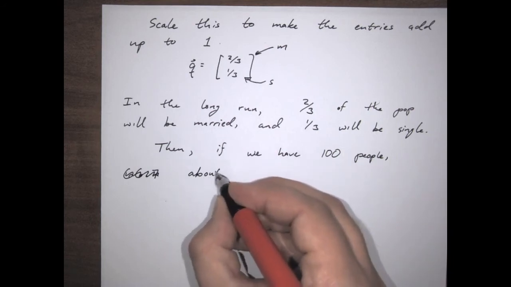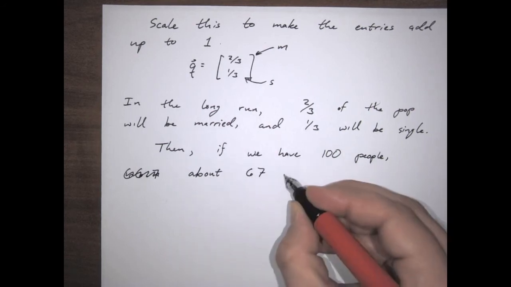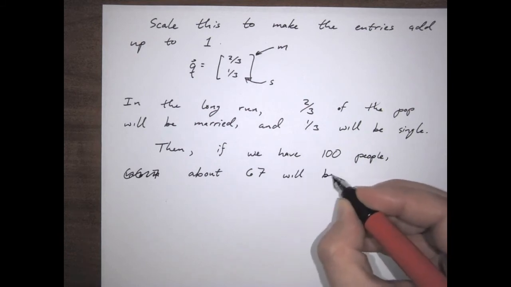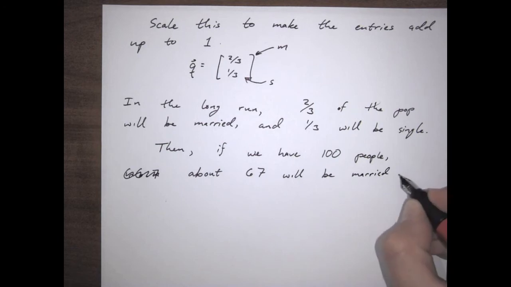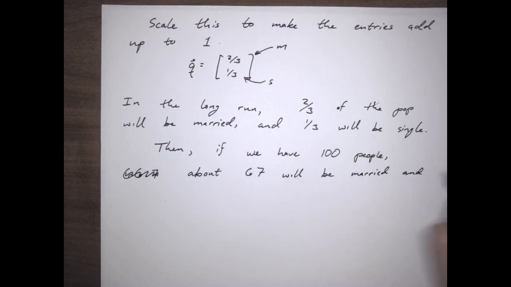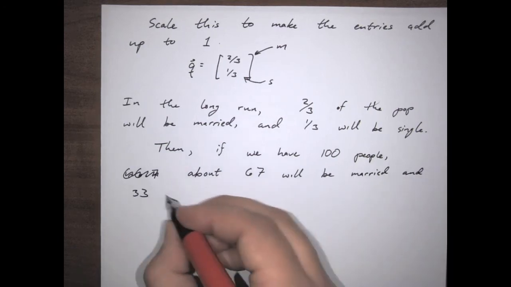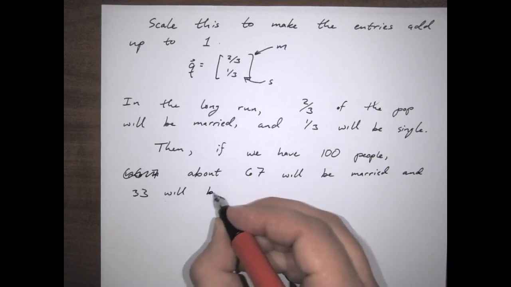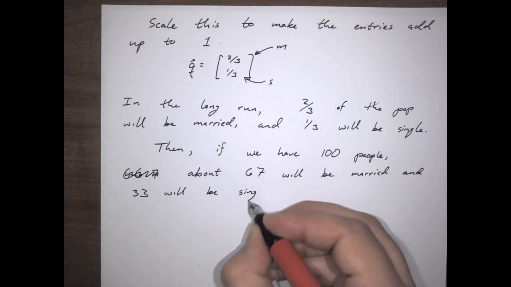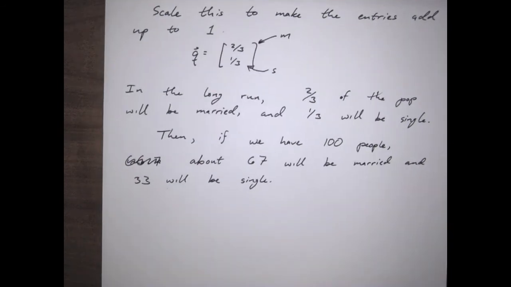Of 100, about 67 will be married, and about 33 will be single.